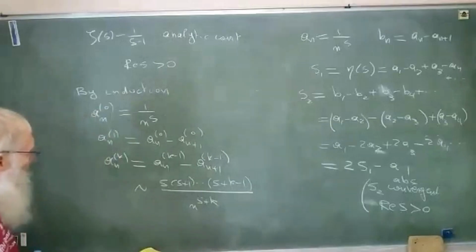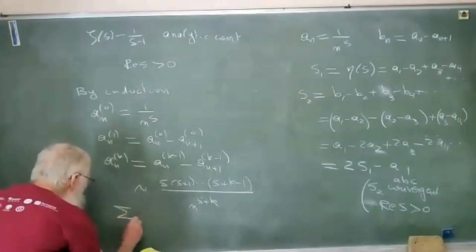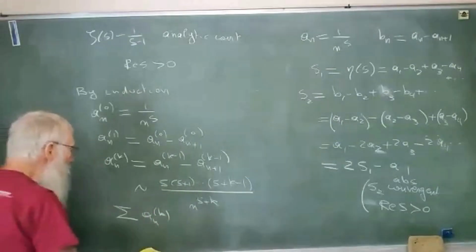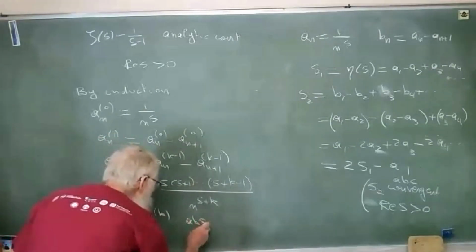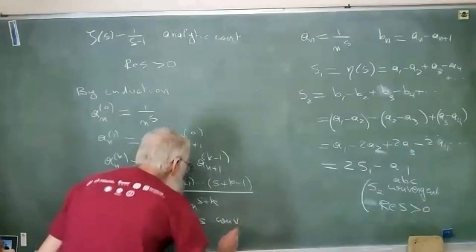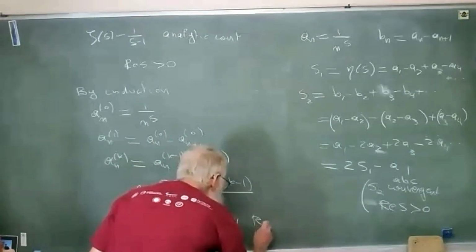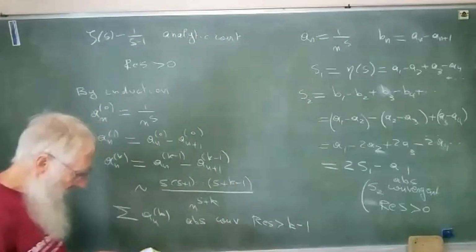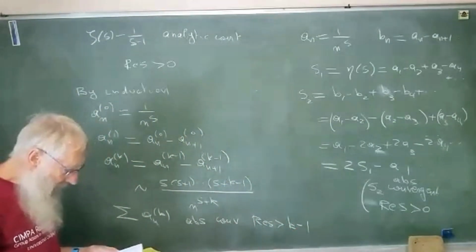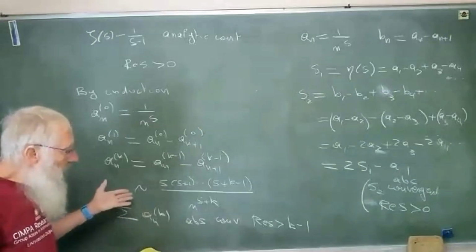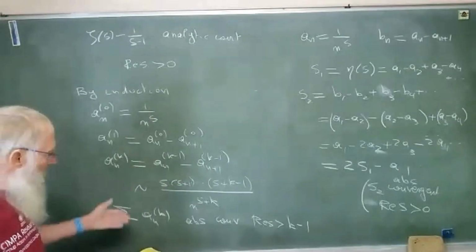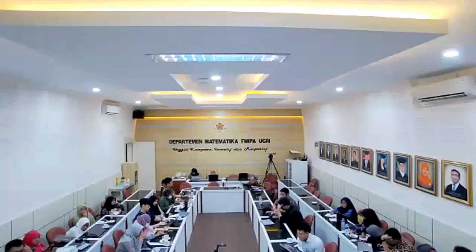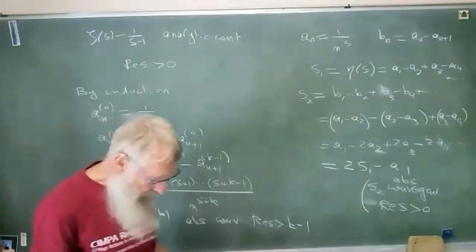And therefore, the series sum of ank is absolutely convergent for the real part of S greater than k minus 1. And k is any positive integer. And by induction, we deduce that this is an analytic function everywhere in all the plane.